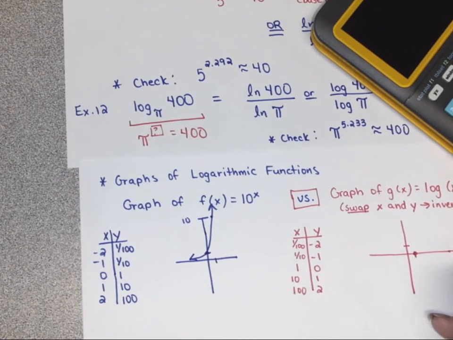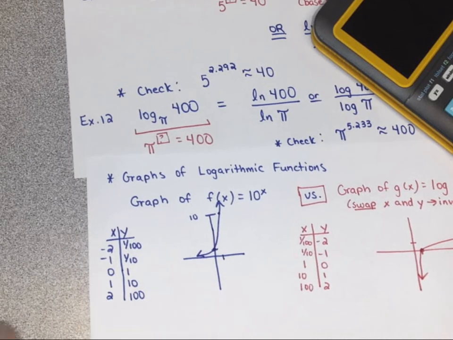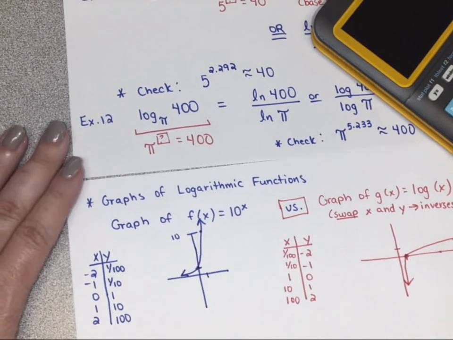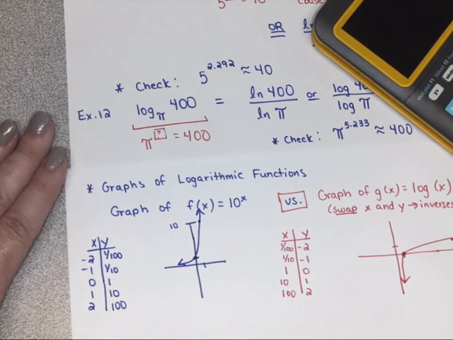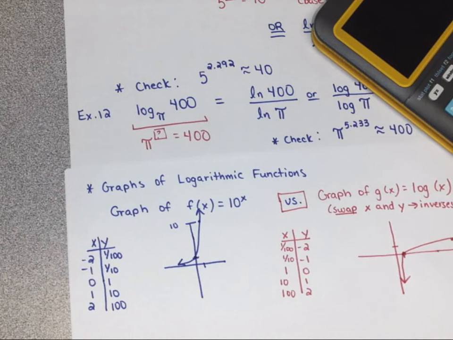So if this is 10, it's going to do this. So essentially, the graph looks really close, but what does it look like it did compared to the blue guy? It looks like it's like sideways, right? And that's exactly what it is. It's literally the sideways version. So instead of going up forever, it actually goes to the right forever.